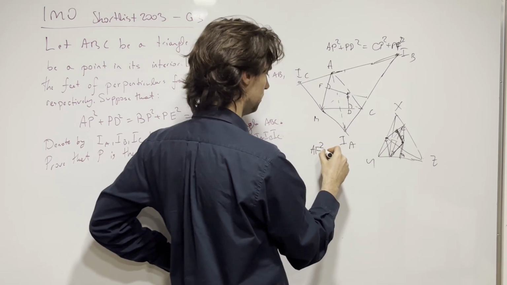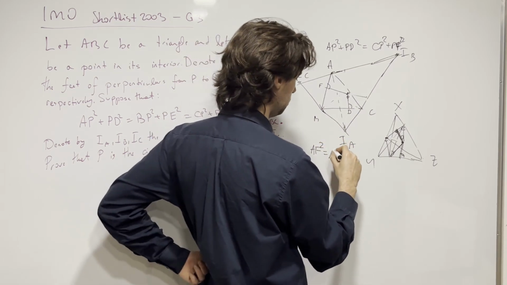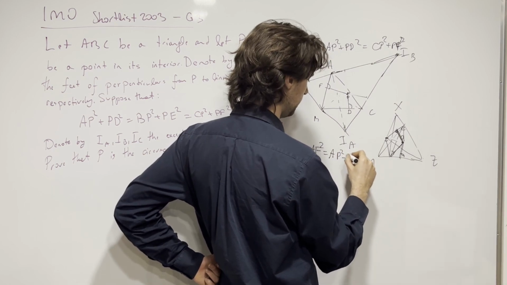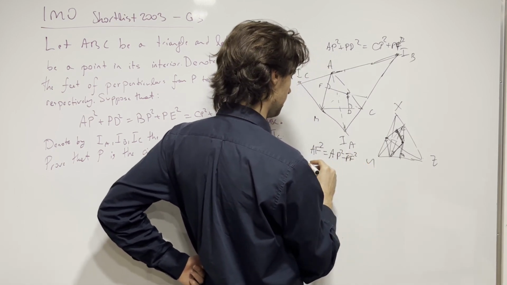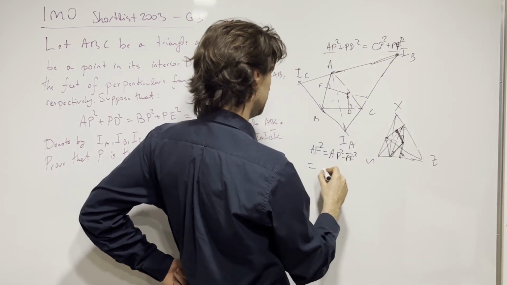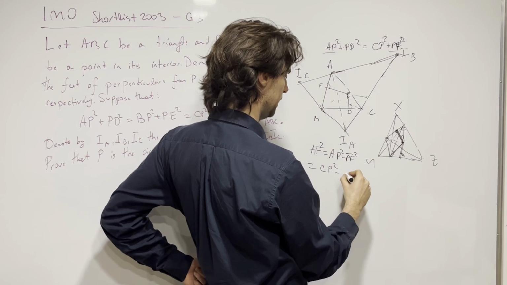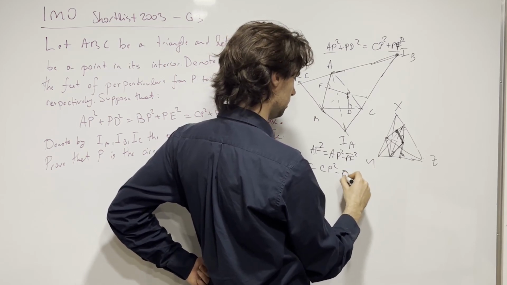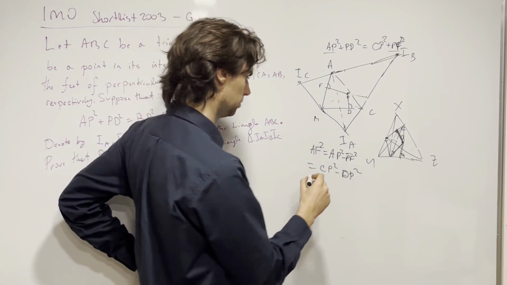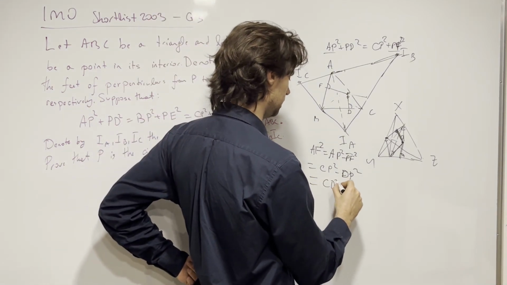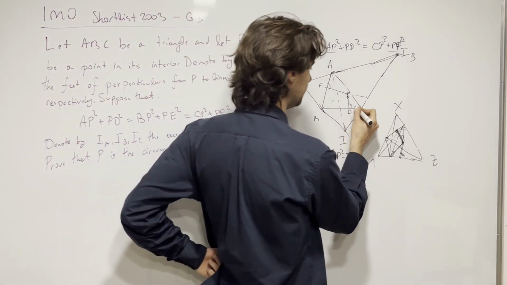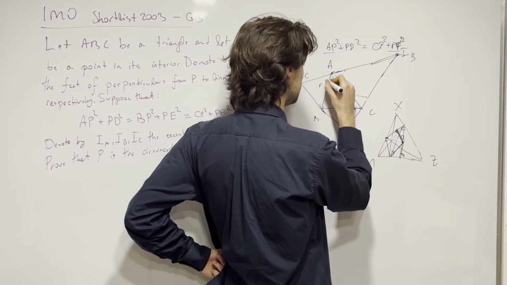I have AF squared is equal to AP squared minus PF squared. And then by this, AP squared minus PF squared is equal to CP squared minus DP squared. And then CP squared minus DP squared is equal to CD squared. So I have this is equal to this.